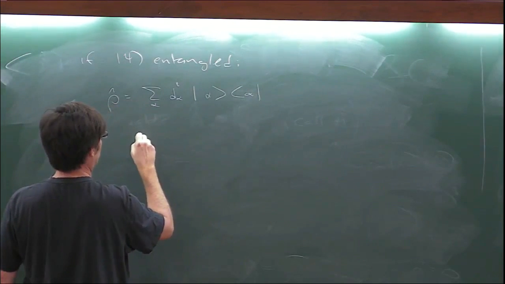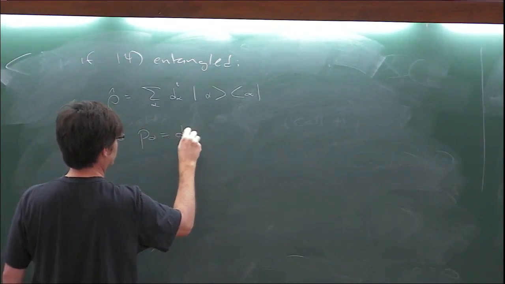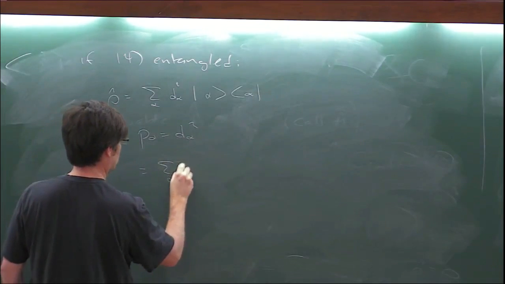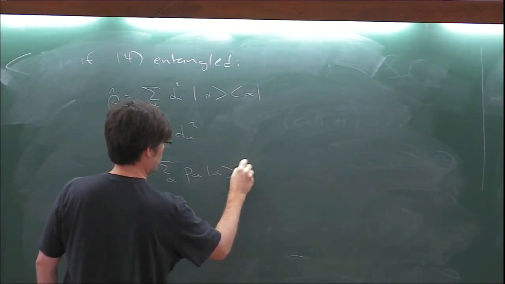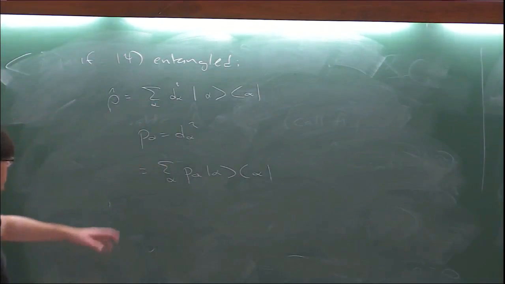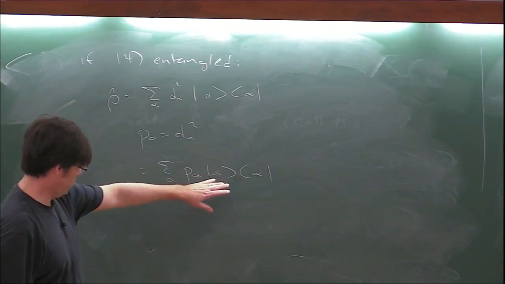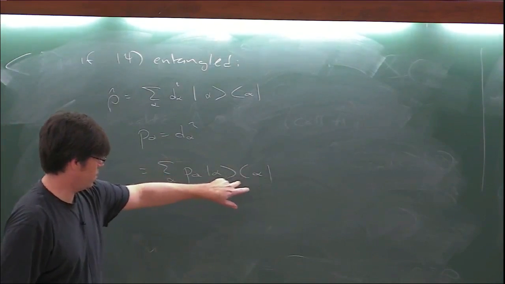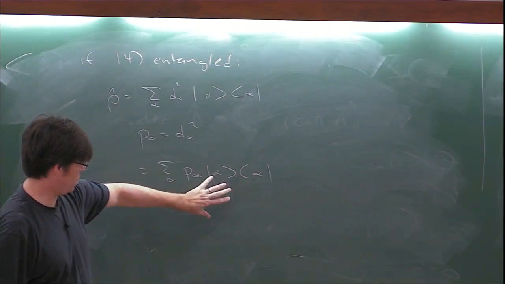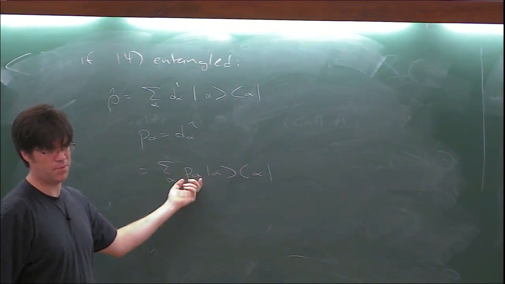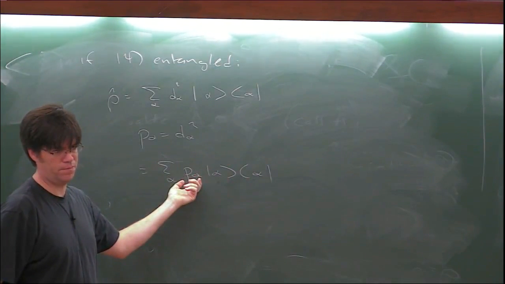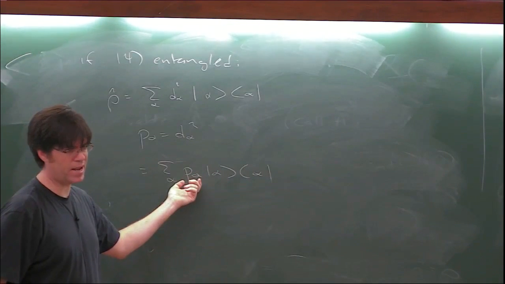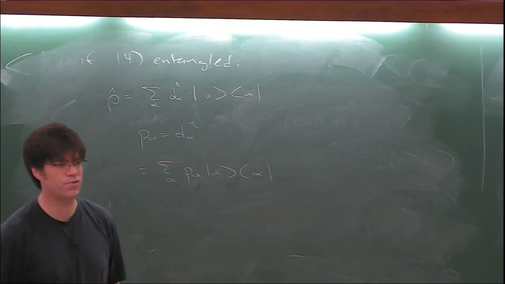And so I'll write p alpha equal to d alpha squared. Now I've got a situation where the initial state is in state alpha according to the Schmidt decomposition with probability p sub alpha. And if the state is entangled, there's more than one possible initial state.